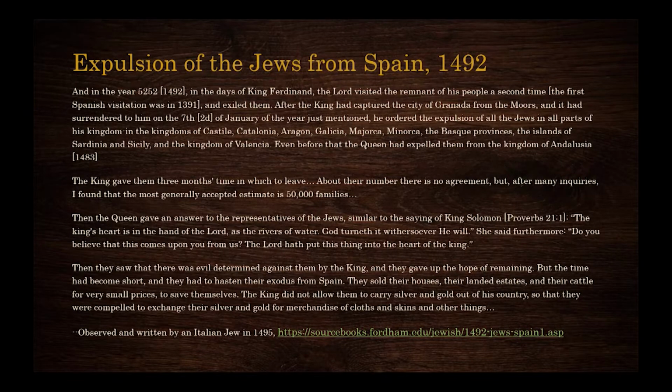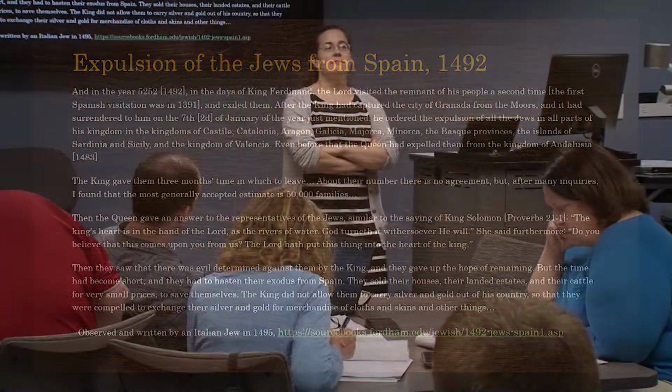Coincidentally, when Columbus is sailing across the Atlantic, Ferdinand and Isabella have won their war against the last Muslim state, the Islamic state, on Spain, and as one of the results of that victory, they decide that Spain will be a Catholic country, and so they kick out any Muslims who don't convert, and then they say the Jews have to go as well, and you have 3 months to get out of or convert in all our domains.